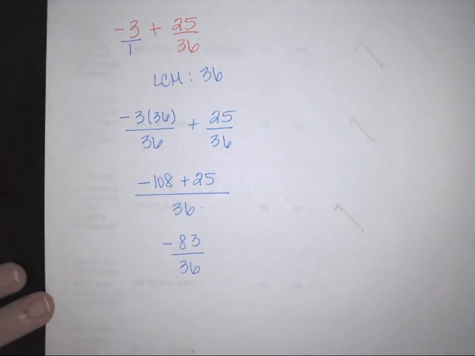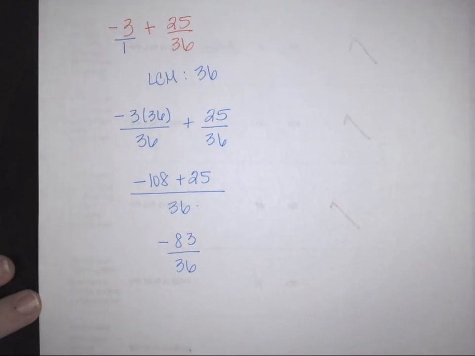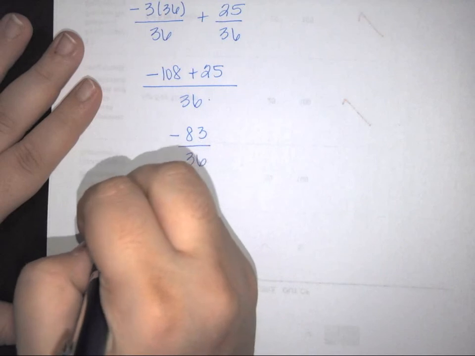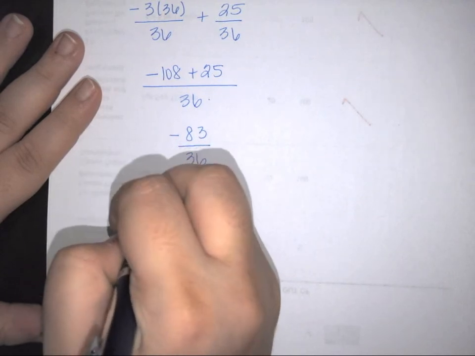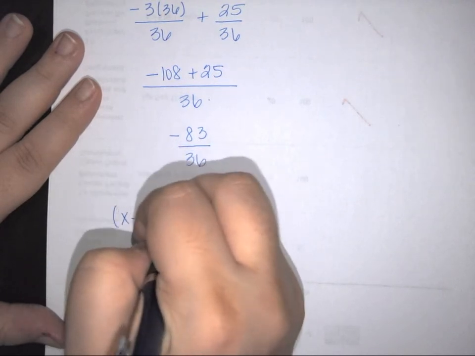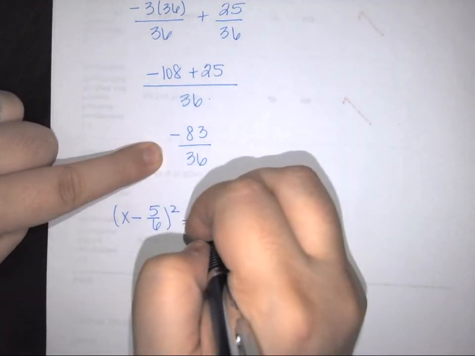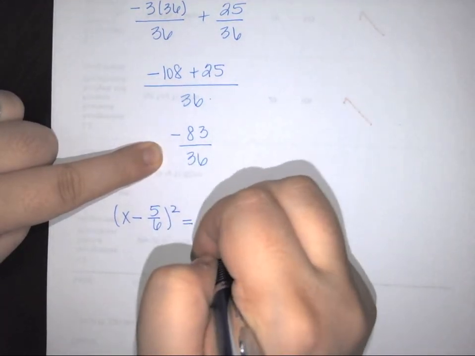So I have to put that back together with what I already have. I had x minus 5 over 6 squared is equal to my negative 83 over 36.